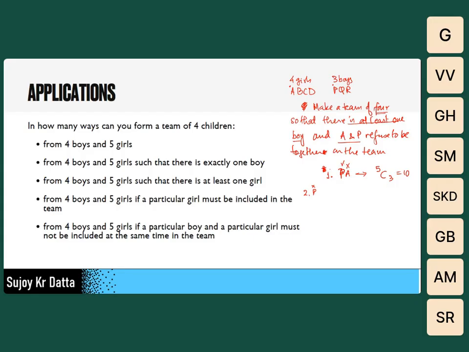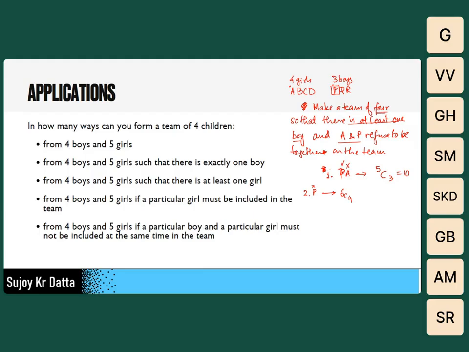Because if P is in the team, that also satisfies the condition that at least one boy is there, satisfying a main condition. But here when P is not there, I am not bothered about a girl being present or not, so we can ignore the condition for A. We just know that P is out. That leaves us with six people. We haven't selected anyone yet. So we do 6C4.